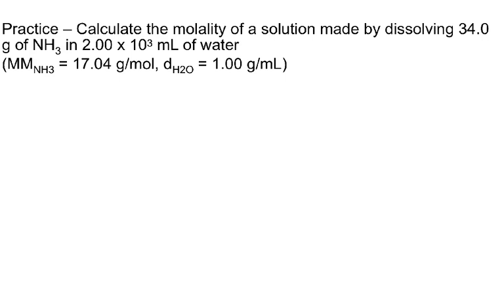Let's practice another one. Calculate the molality, so that's moles of solute per kilogram of solvent. The molality of a solution made by dissolving 34.0 grams of ammonia in 2 times 10 to the third milliliters of water.